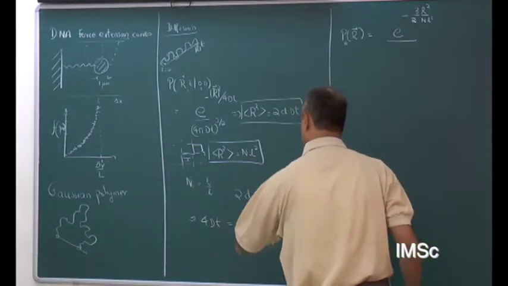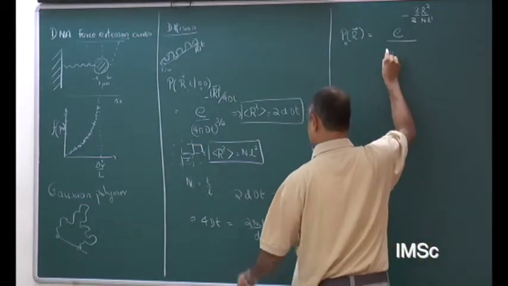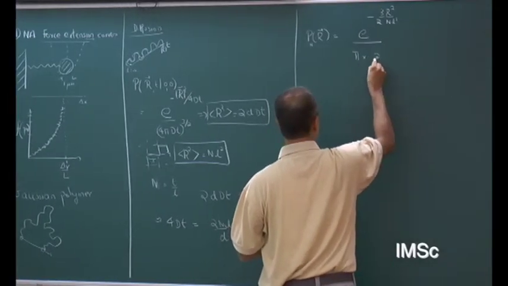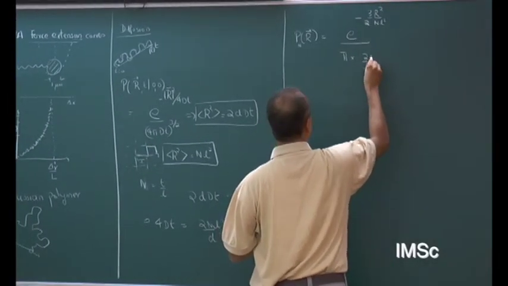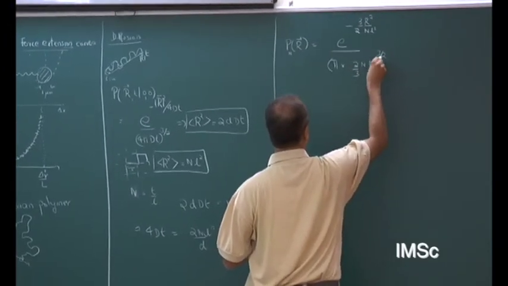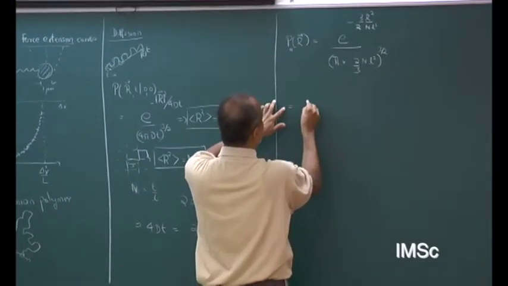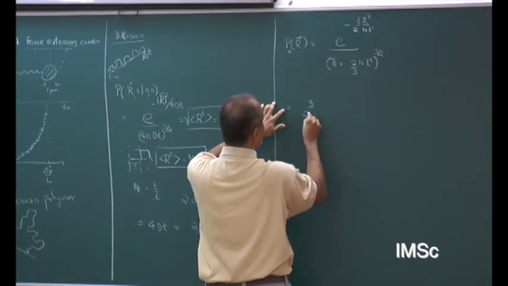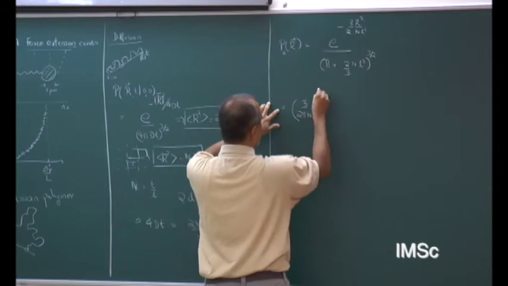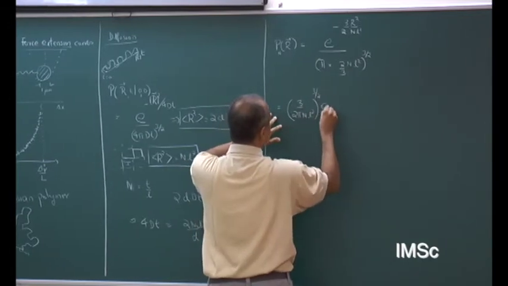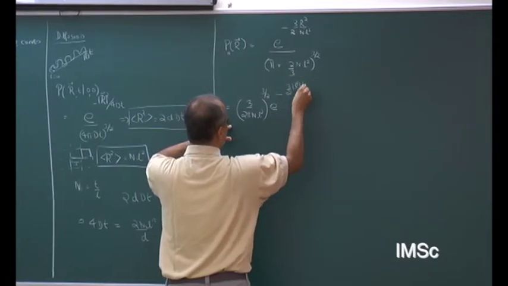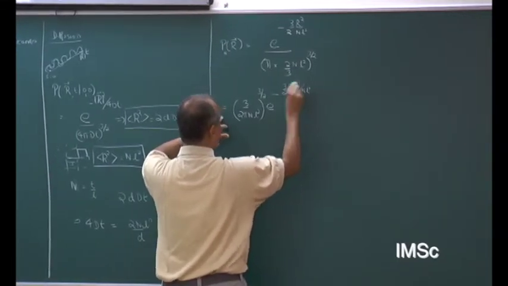Divided by the factor of pi times 4 dt, which is pi times 2 by 3 n times L squared, whole raised to the power 3 by 2, which I can finally write as 3 divided by 2 pi n L squared to the power 3 by 2 times exponential of minus 3 by 2 mod r squared divided by n L squared.